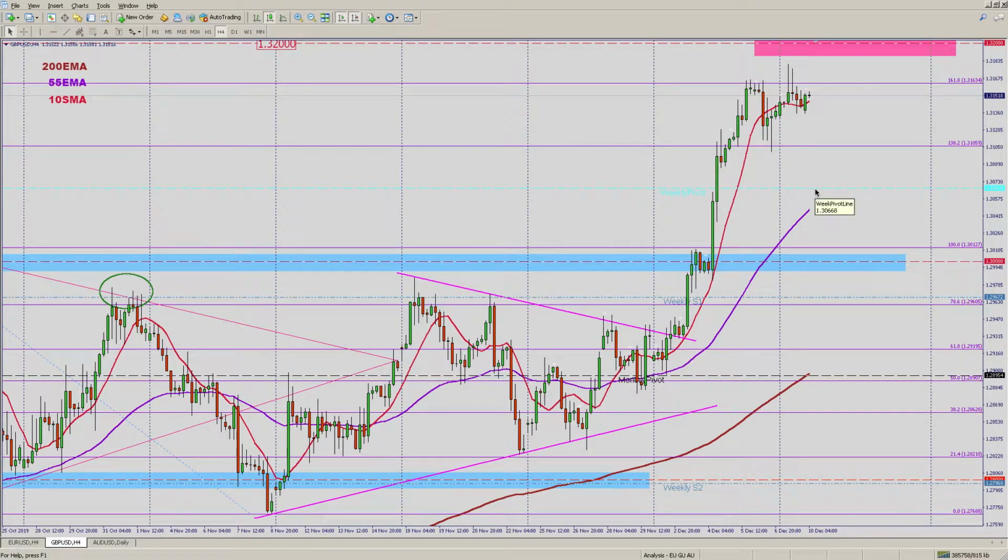Weekly pivot is well below from the 131 area. Let's mark the 131.